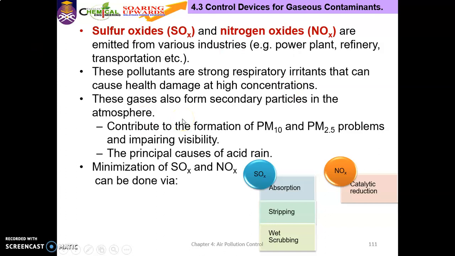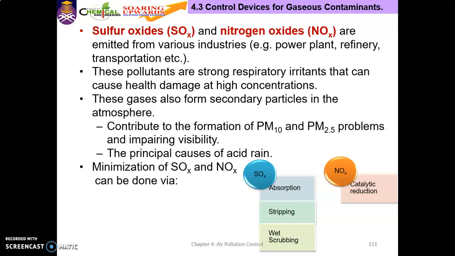For SOx and NOx, that is basically coming from power plants and refineries and also transportation. So these pollutants are strong respiratory irritants, okay, that can affect your health, not only for humans but also for animals, at high concentration.